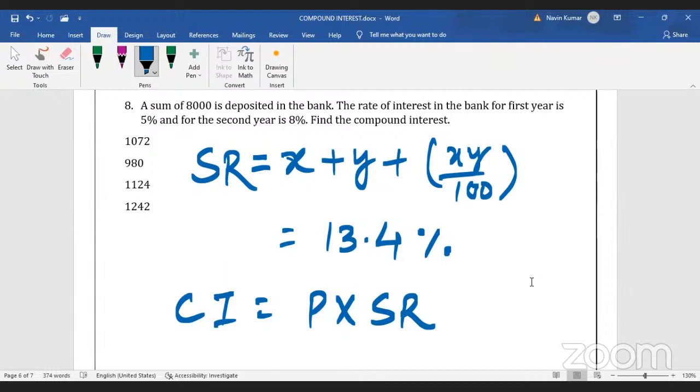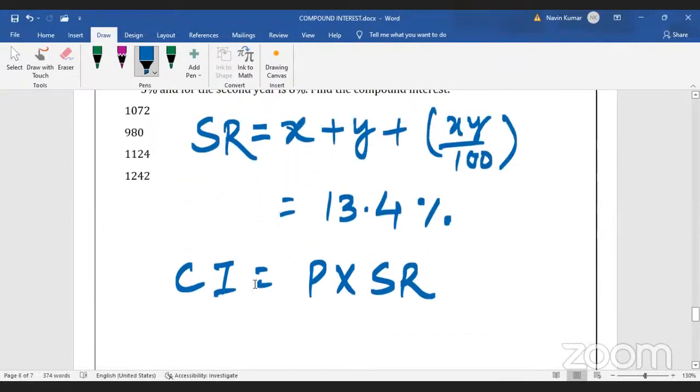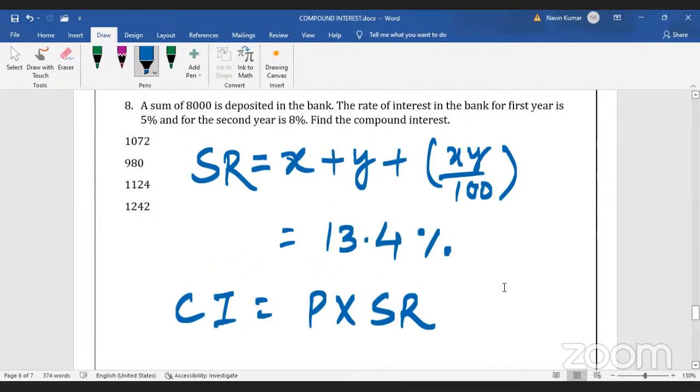What is the answer? 1072. 1,072 is correct. ये ऐसे कंपाउंड इंटरेस्ट निकालना है. कंपाउंड इंटरेस्ट इज इक्वल टू प्रिंसिपल इनटू सक्सेसिव रेट. 8,000 into 13.4 by 100.